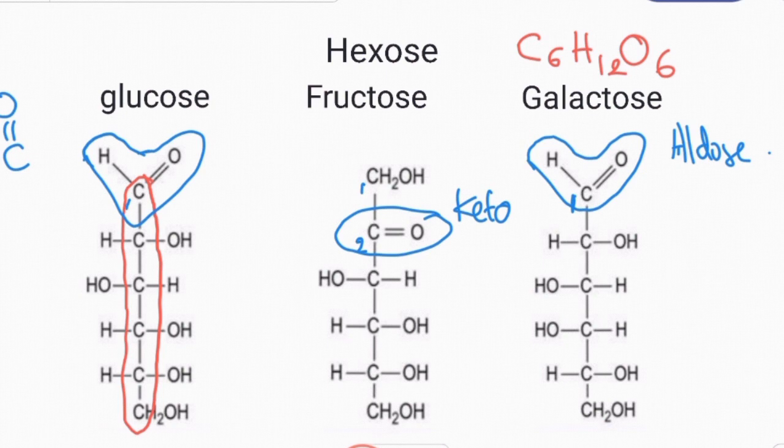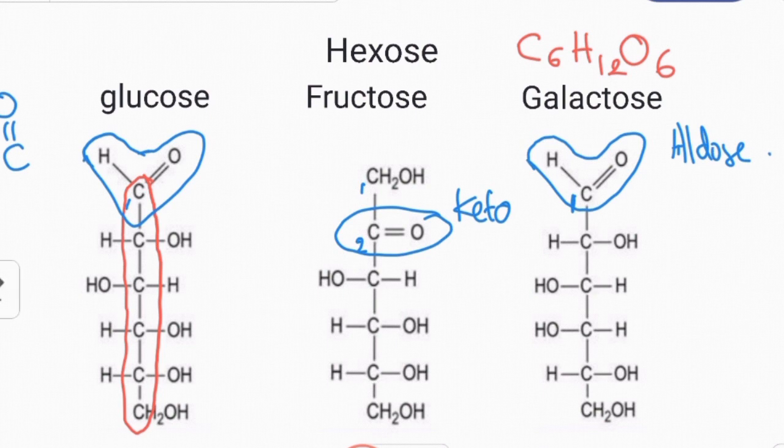This functional group is seen in other monosaccharides as well. If we take the trioses, tetroses and pentoses, the examples that we saw, all of them have the aldose functional group. So they are aldose sugars.